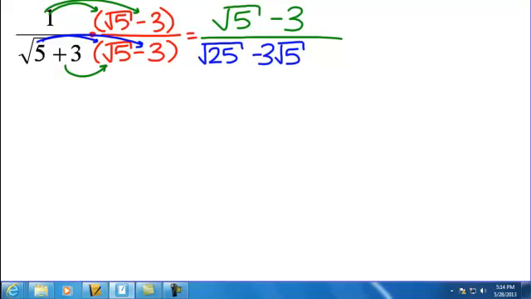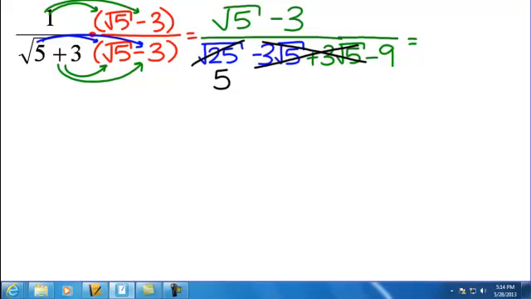If I do 3 times root 5, I'm going to end up with opposites that should cross off. And then 3 times negative 3 gives us a negative 9. Yes, these terms are exactly the same but opposites, so they cross off. 25 is really just 5.